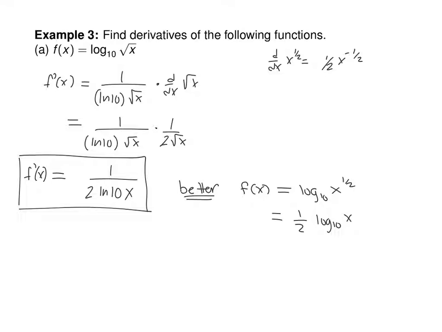Now, is taking the derivative going to involve the chain rule? It won't, will it? So f prime of x will be 1/2 times 1 over ln 10 times x. And is that the same answer that we had before? Do these match? They do, because you can just multiply across and say, okay, well, I have 1 over 2 ln 10 times x.